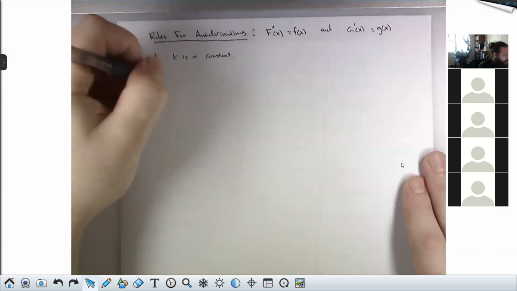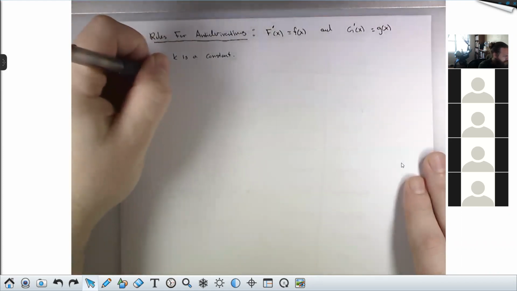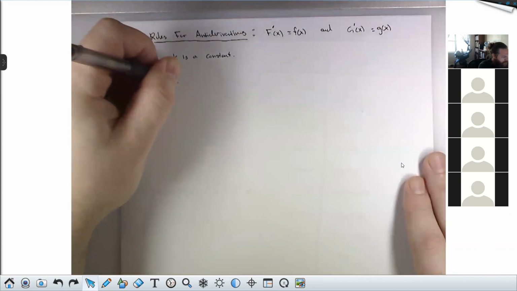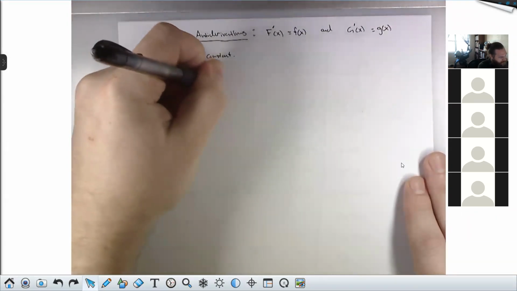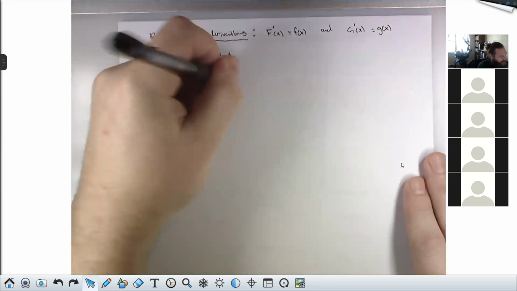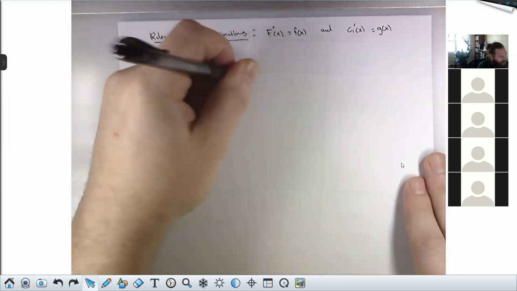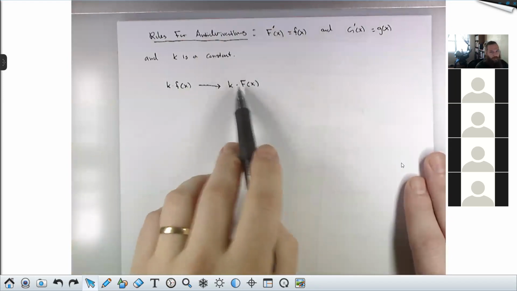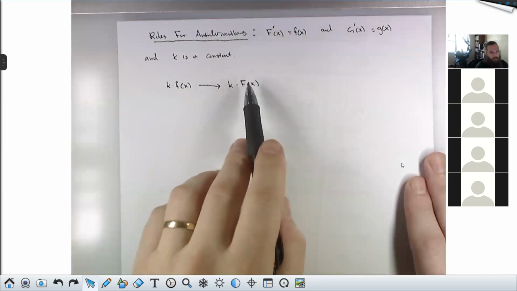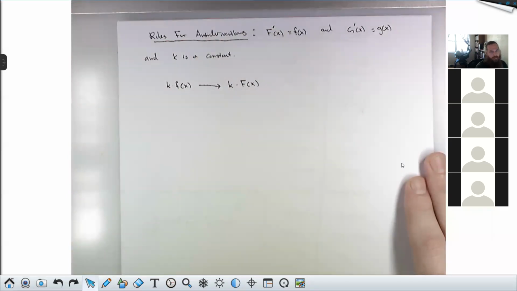Then an antiderivative for k times little f of x is k times big F of x. Because if you differentiate this, the constant just pops out and you get k times big F primed, which is k times little f.